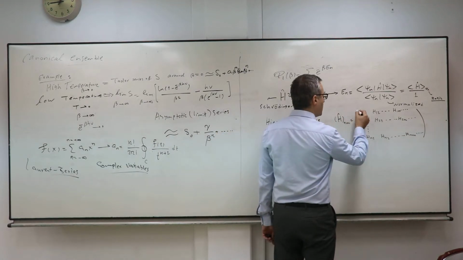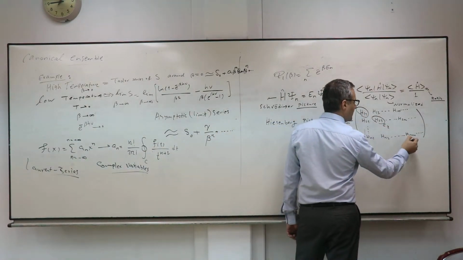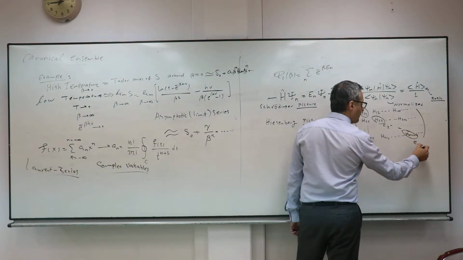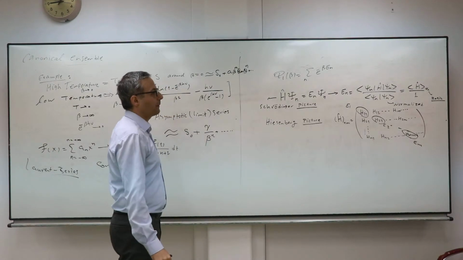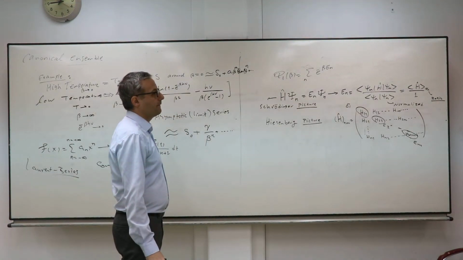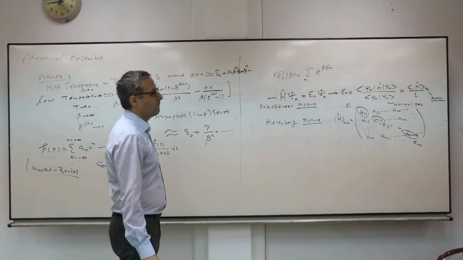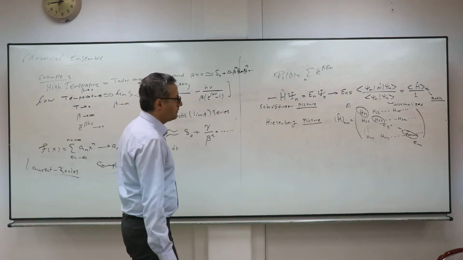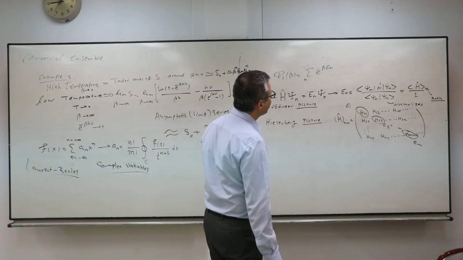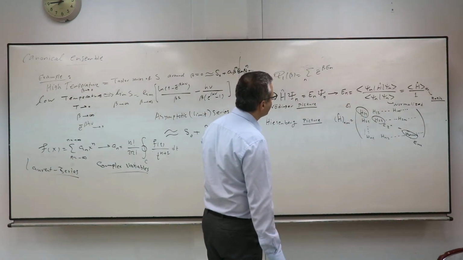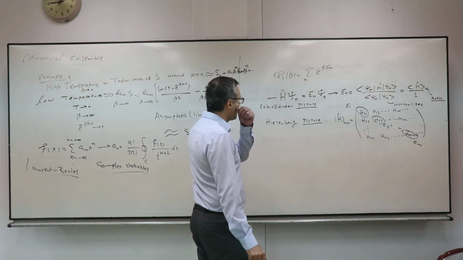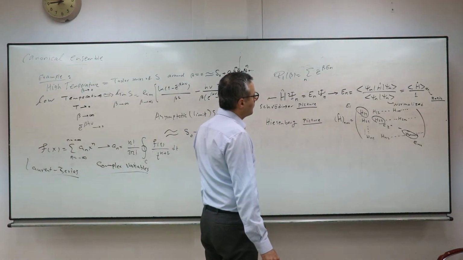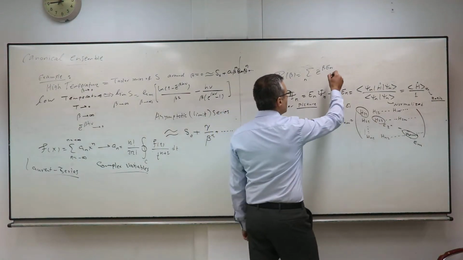I want to tell you that H11 is E1, and this is E2, and this is the diagonal element, actually, Mm is Em. So this equation is this.